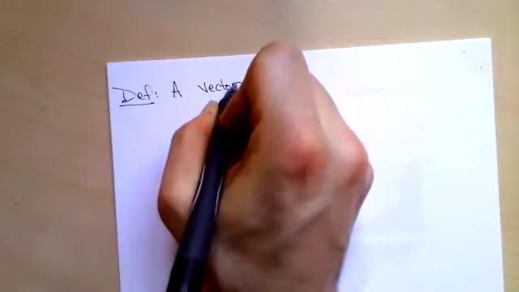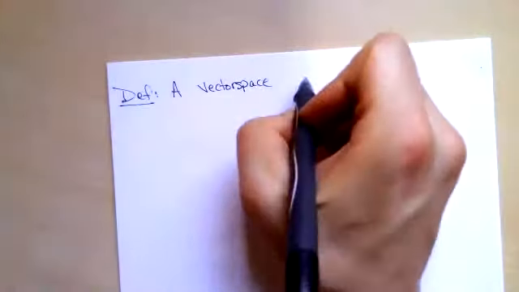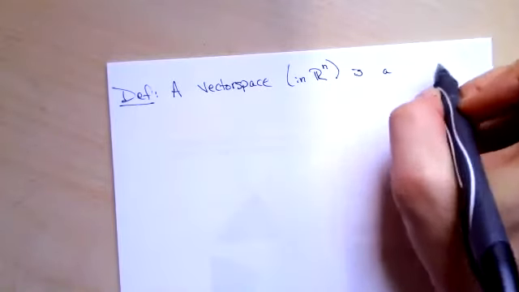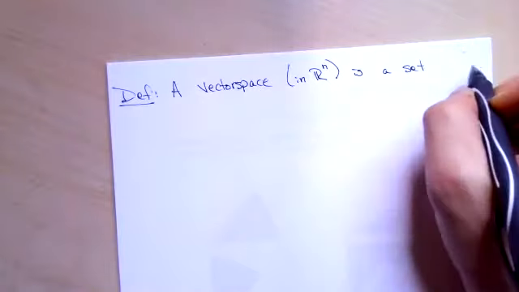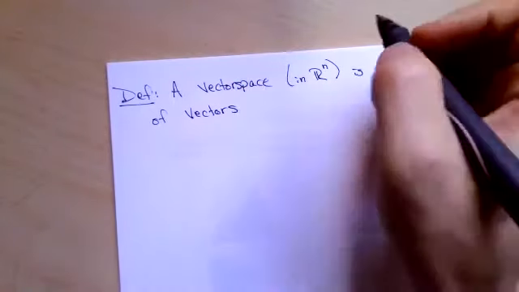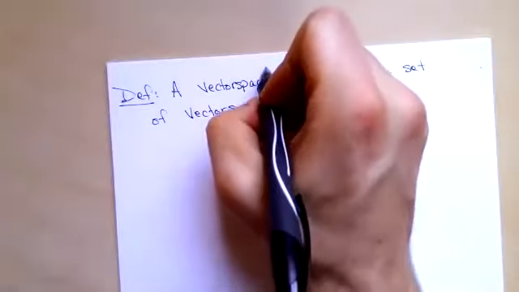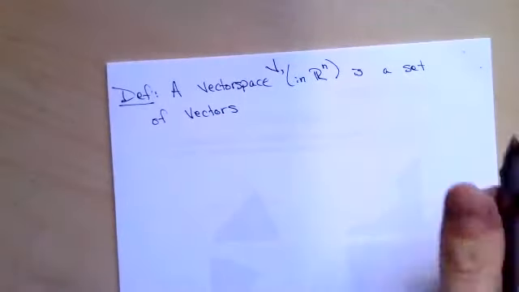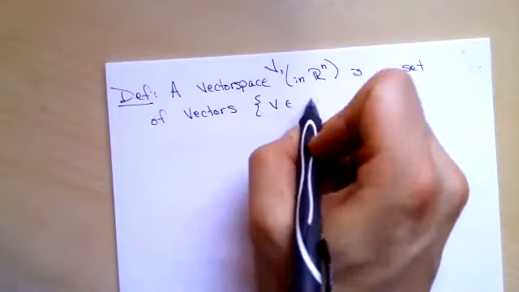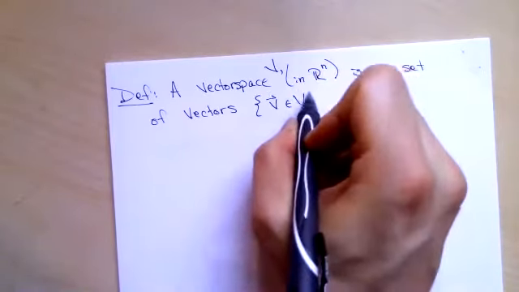So, what is a vector space? Definition. A vector space, and let's give our vector space a name, so a vector space V in Rn is a set of vectors, and let's call the vectors v.